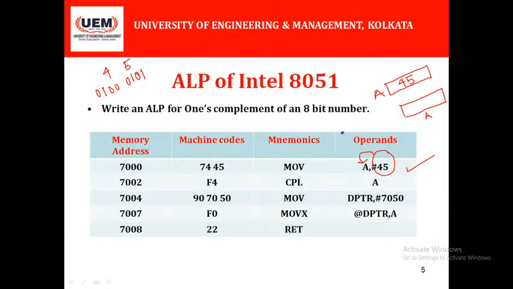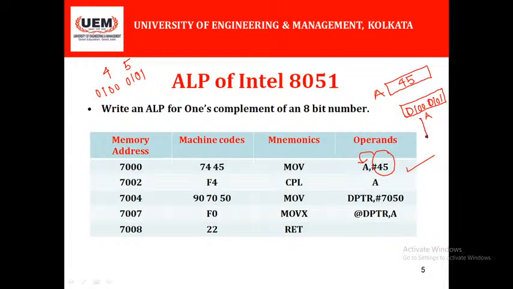That is the value of 4 and 5. So the value of the A register will be 0100 0101.